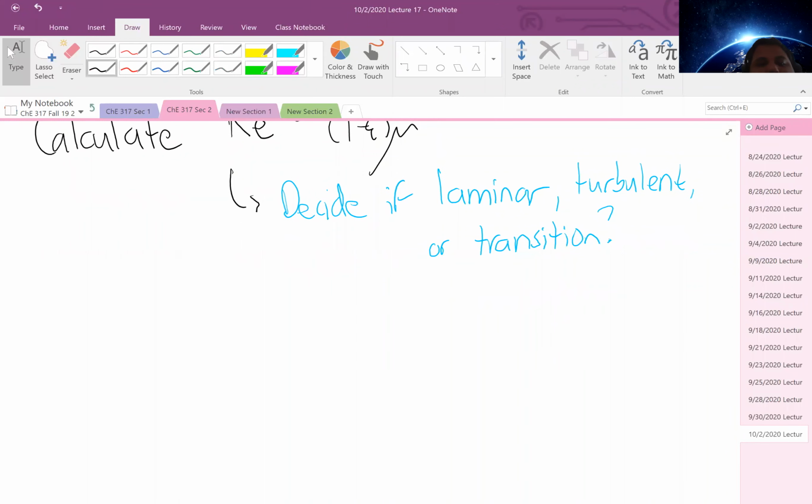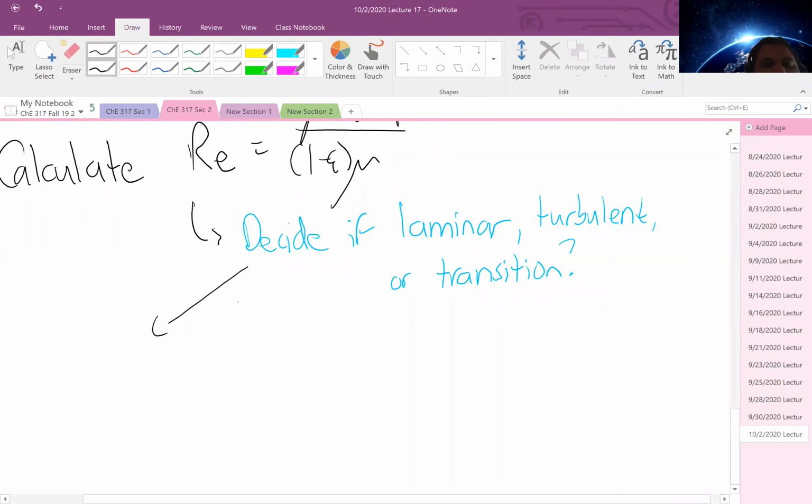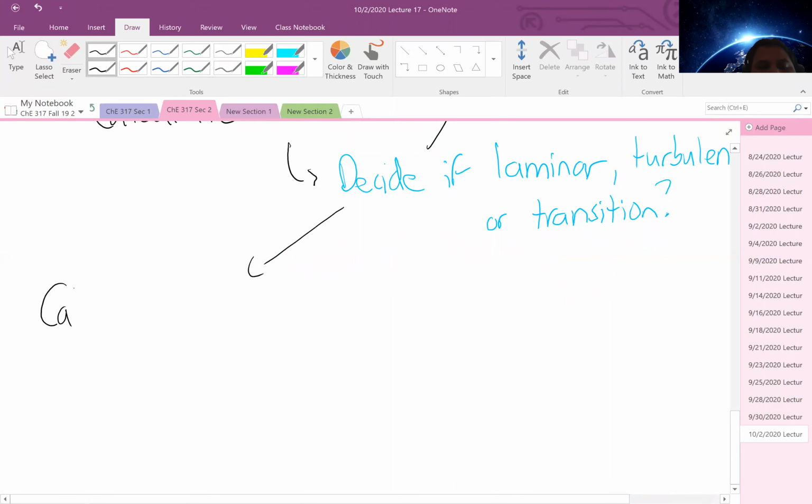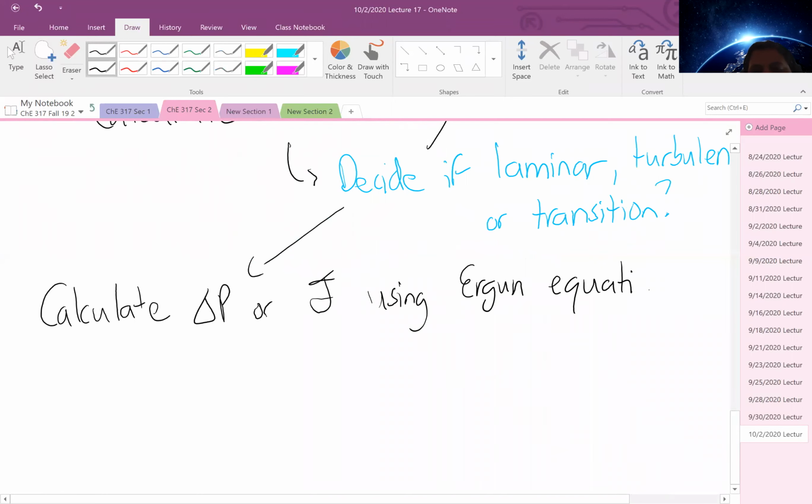And then from there, you can calculate delta P or F using your Ergun equation, the Blake-Kozeny or the Burke-Plummer.